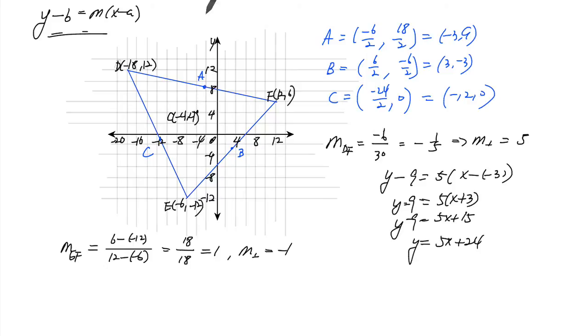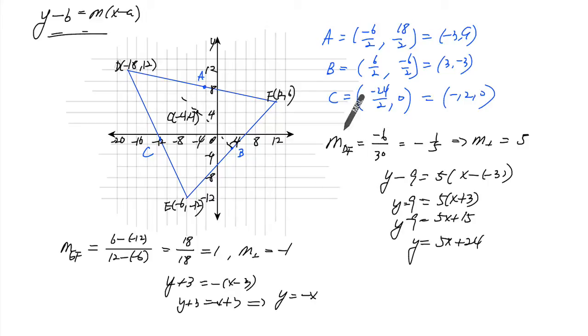This line has a slope of negative 1, and it passes through the point B, which is 3, negative 3, so it's going to be y plus 3 equals negative x minus 3, negative x plus 3, so you get y is equal to just minus x.